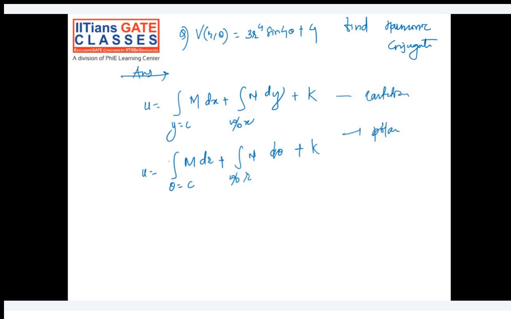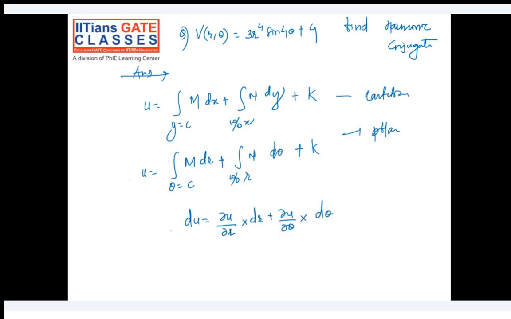So you will use the second formula here. What are this m and n? If you remember how we derived this formula, it is derived from u. Differentiation of u is equal to dou u by dou r into dr plus dou u by dou theta into d theta. But u is not given, v is given to you.